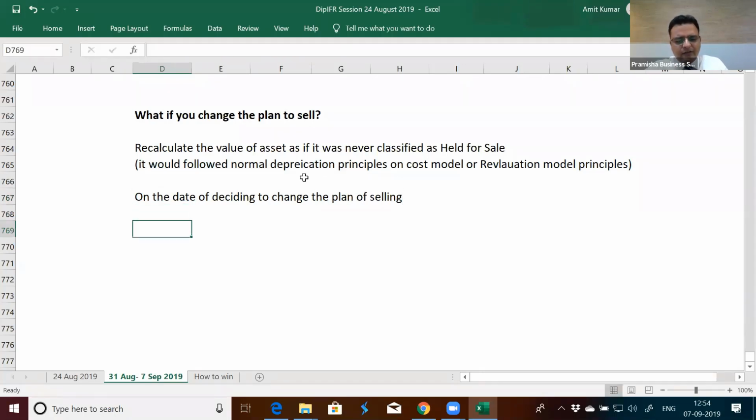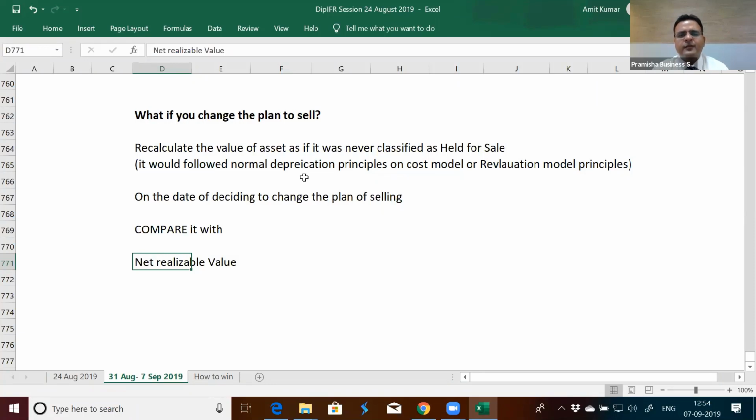We'll compare it with net realizable value. Why we are doing so? It's like reclassifying it back to IAS 16 property plant and equipment will require that this asset we plan to sell simply because maybe it was getting obsolete, maybe because there is some factor which decided us to sell it. It was not giving us much benefit.